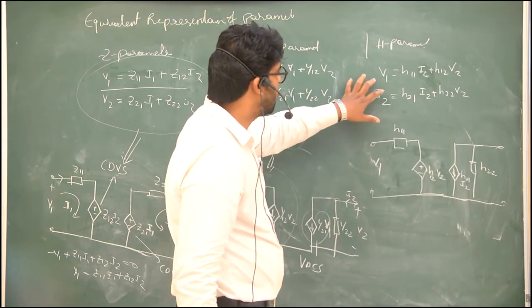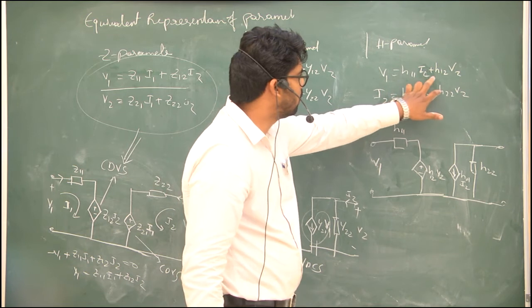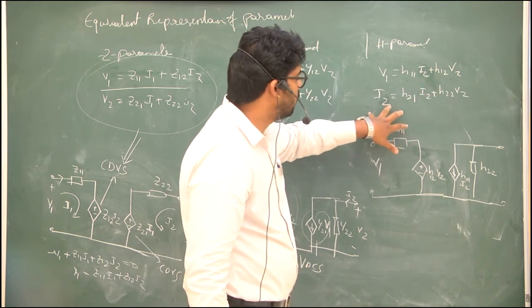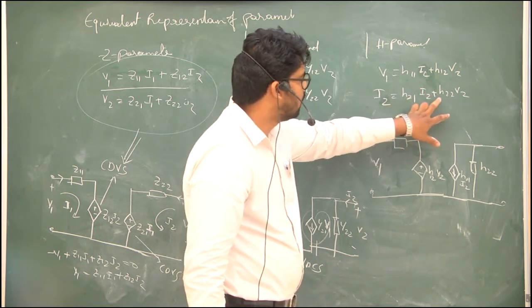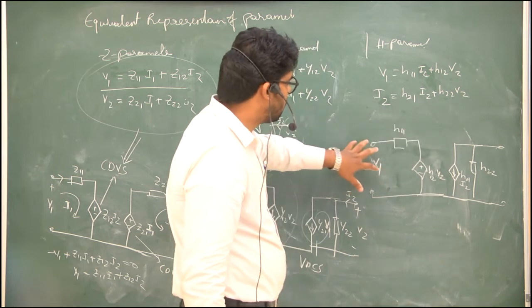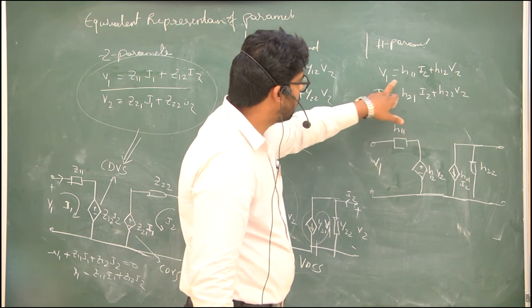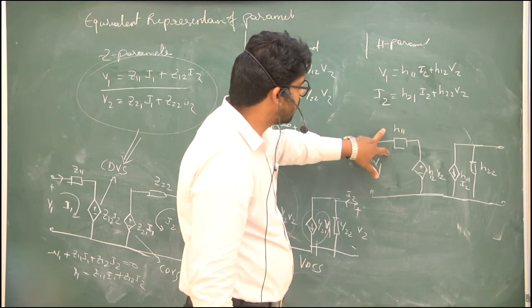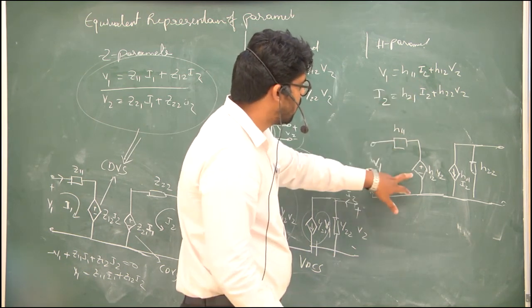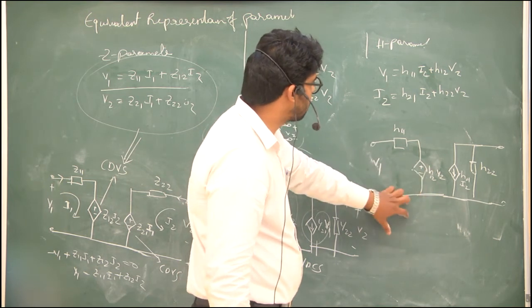The h parameters are V1 equals h11 I1 plus h12 V2, and I2 equals h21 I1 plus h22 V2. So I represented this: what is h11? V1 by I1. Therefore this is an impedance. So h11 and h12 V2, this is a voltage source, completed.